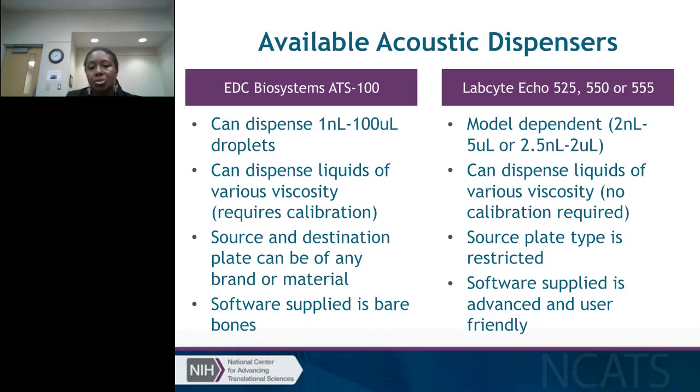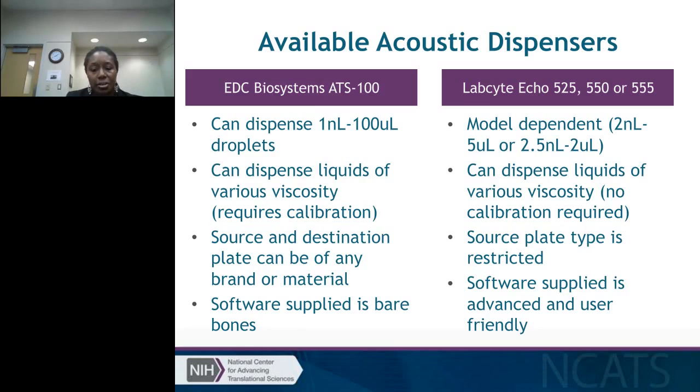And then lastly, there's really big software difference between these two instruments. So the EDC Biosystems ATS 100, the supplied software is very bare bones. It's not very user-friendly, and it also does not have full capabilities for setting up matrix screening. It can do some combination screening, but it is not as advanced as the LabSite Echo software is.